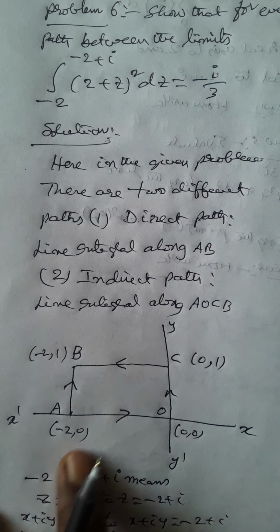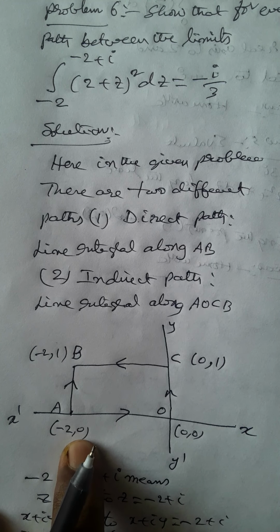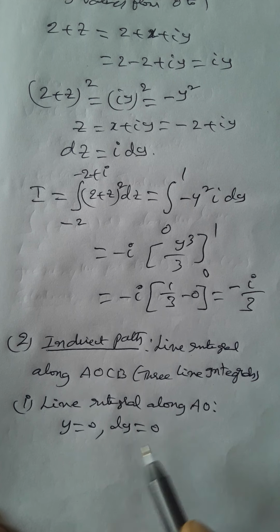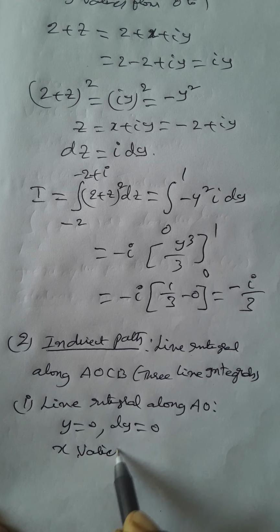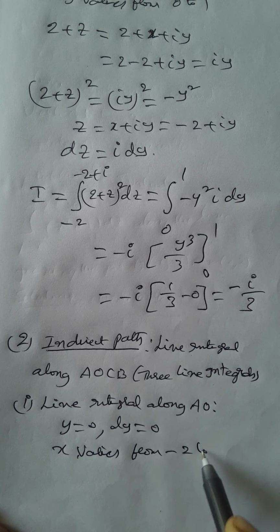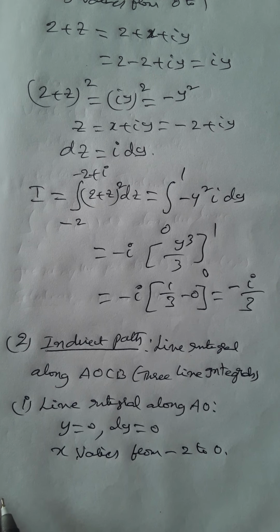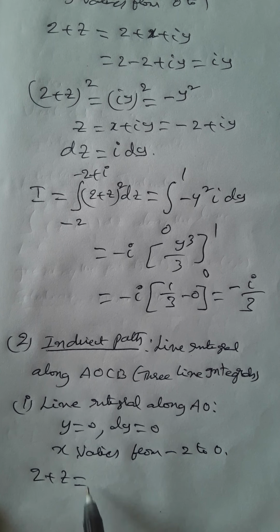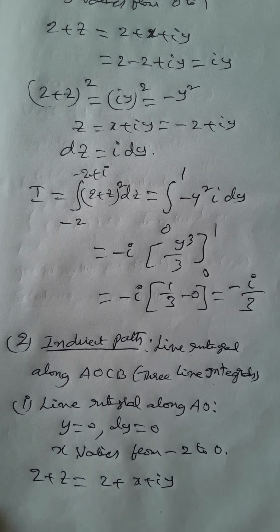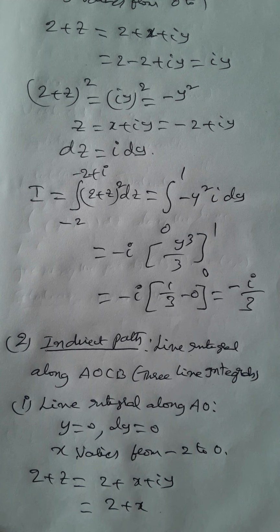Now the indirect path, line integral along AOCB, where 3 line integrals are there. So line integral along AO: here y is a fixed coordinate, so y is equal to 0, dy is equal to 0, and x varies from minus 2 to 0. 2 plus z is equal to 2 plus x plus iy, which is 2 plus x.